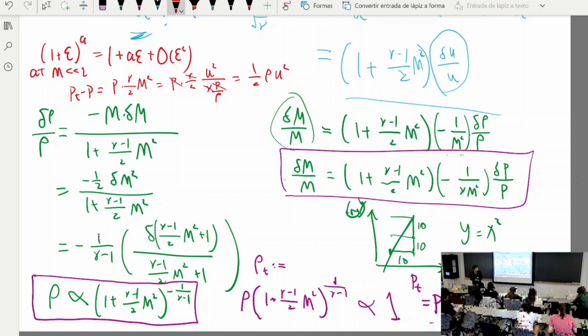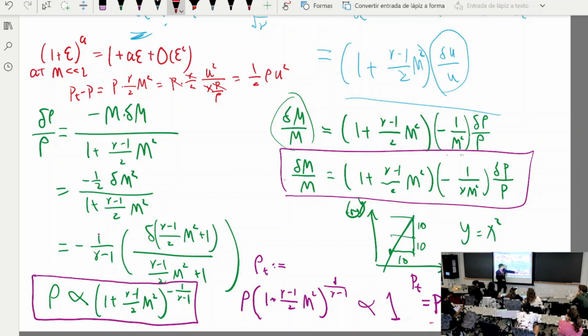And what we derived over here is a generalization of Bernoulli's law in compressible flow. In Bernoulli's law, it basically says along the streamline, the stagnation pressure, defined as p plus half rho u squared, which is pT, doesn't change. In compressible flow, Bernoulli's law is exactly the same. It says pT, the total pressure, doesn't change along the streamline.